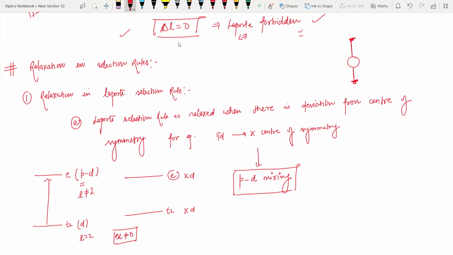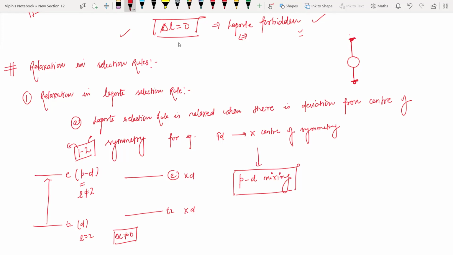It also will not be equal to plus 1 or minus 1, because if we have p and d character, the value will be greater than 1 and less than 2. So the difference between the values of L will not be equal to 0. It can be either 0.5, 0.2, 0.4, something, right?